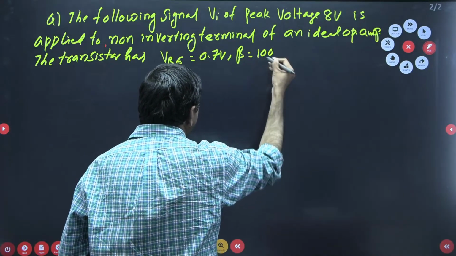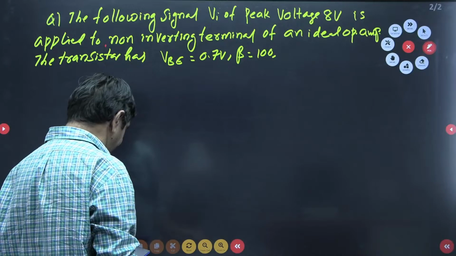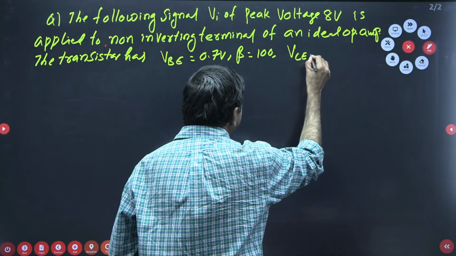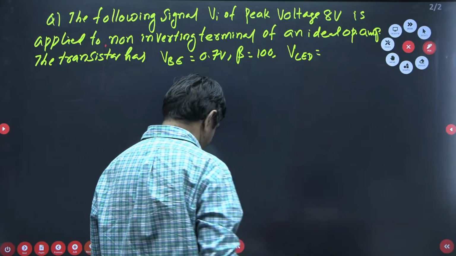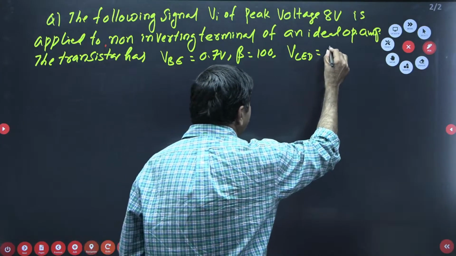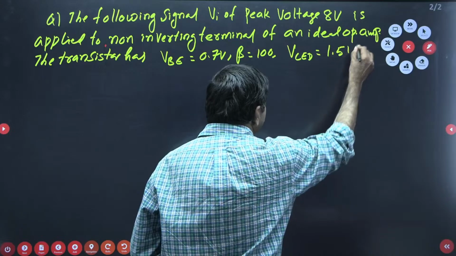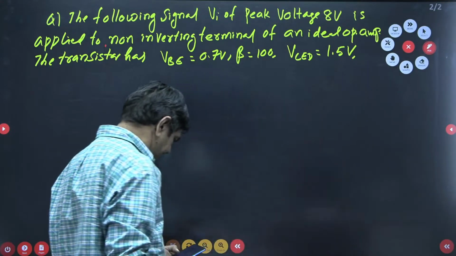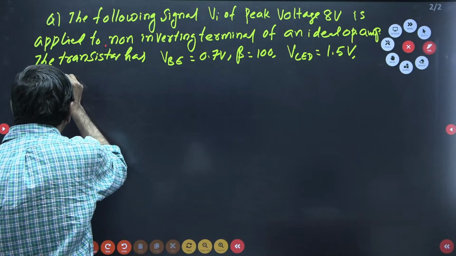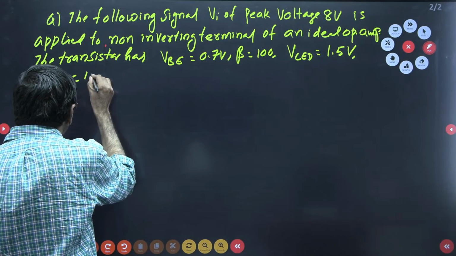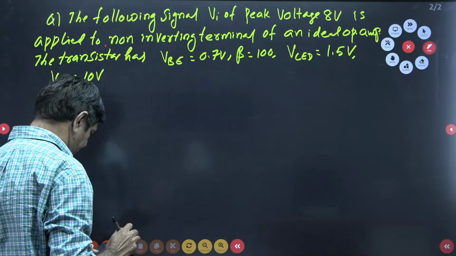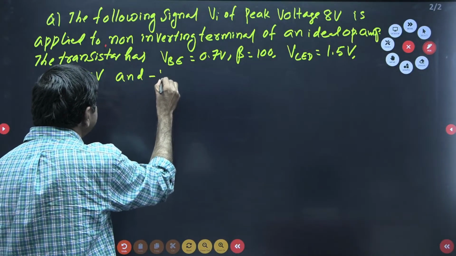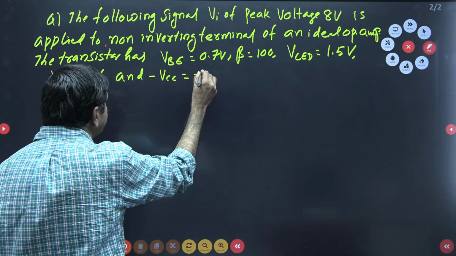The voltage across the LED, light emitting diode, is given as 1.5 volts. VCC is given as 10 volts, and minus VCC is given as minus 10 volts.